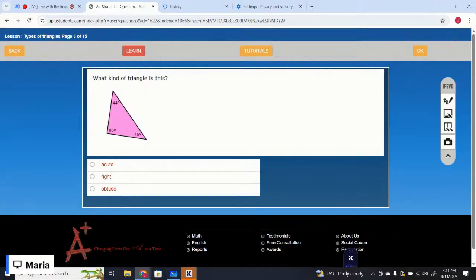What kind of triangle is this? Right triangle it is. That's the same question. Why do I keep loading the same questions?